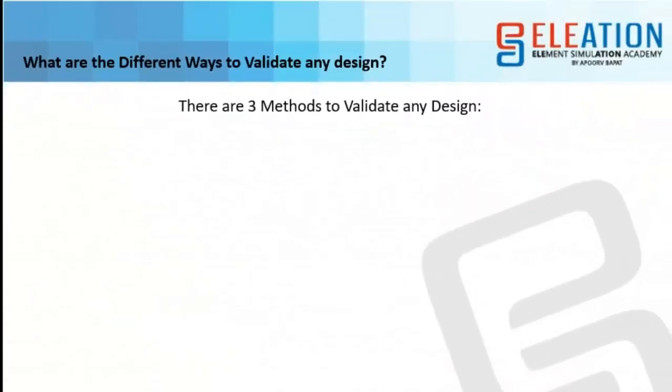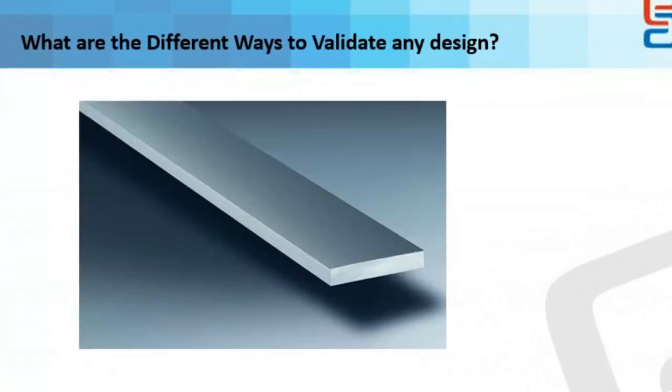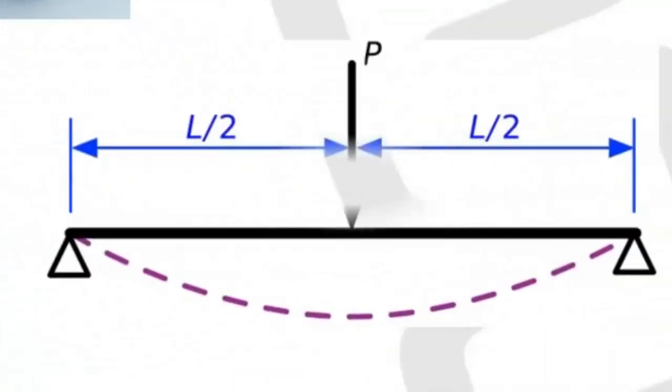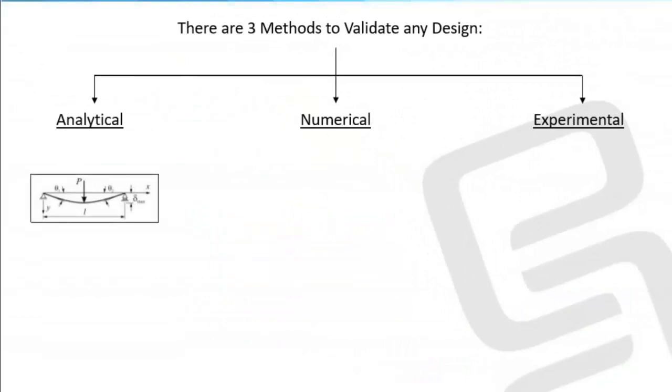So there are different ways to find out the values of say stresses or deformation. One is analytical, the other one is numerical, and the third one is experimental method. So let's take a basic example of a plate which is subjected to simply supported loading. You can find out the values of stresses and deformation using the formulas available.